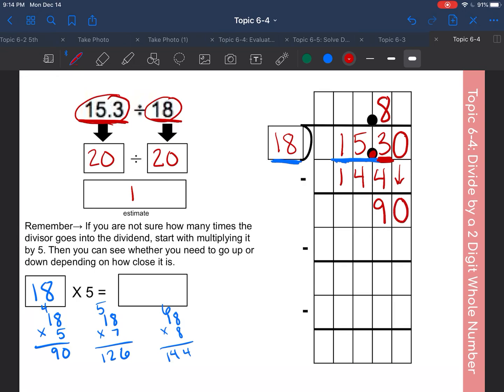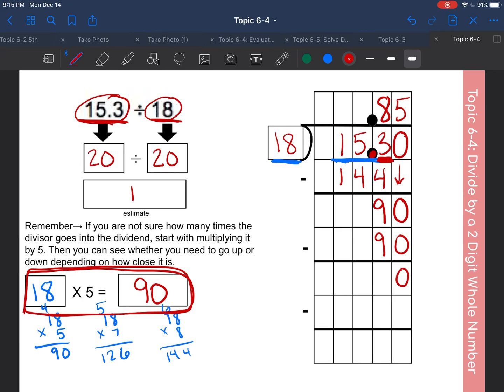So now we have to figure out how many times does 18 go into 90. And again, we just did that problem earlier in this problem, 18 times 5 gives you 90. So you put the 5 at the top, 90 down below. You subtract, 90 minus 90 is 0.